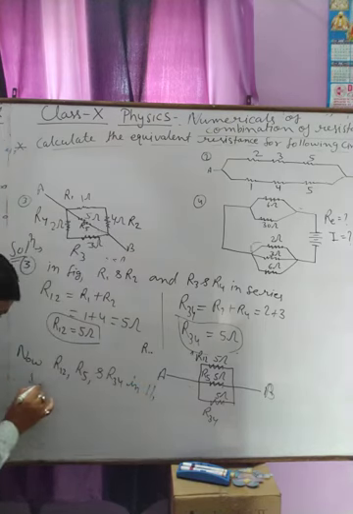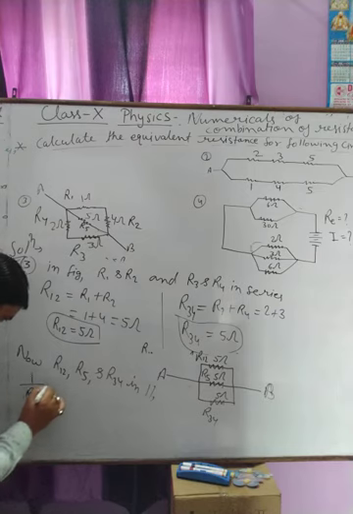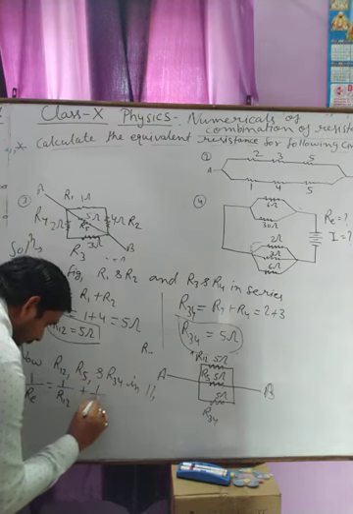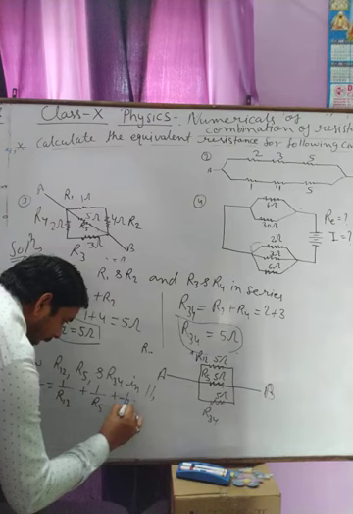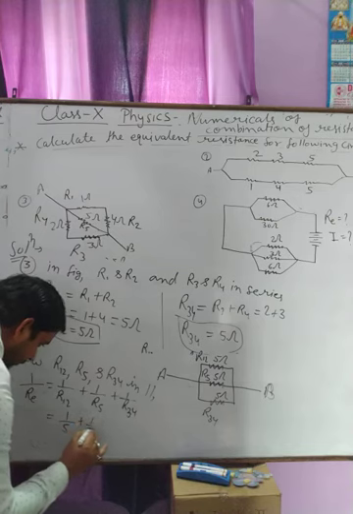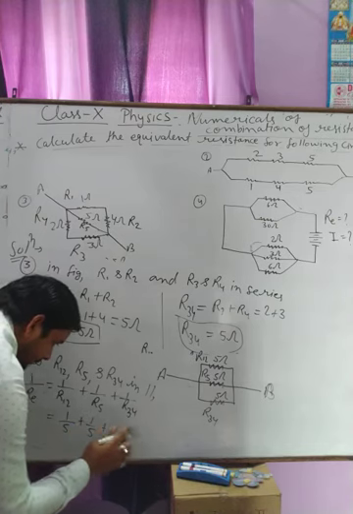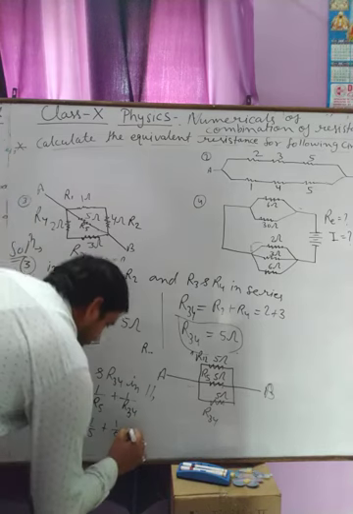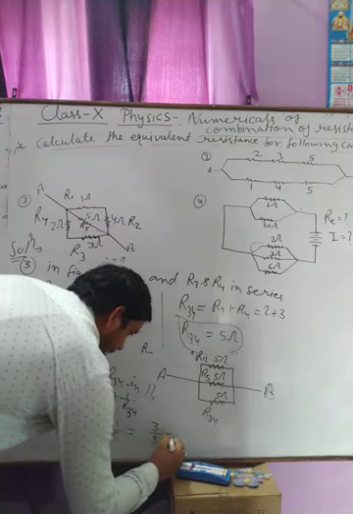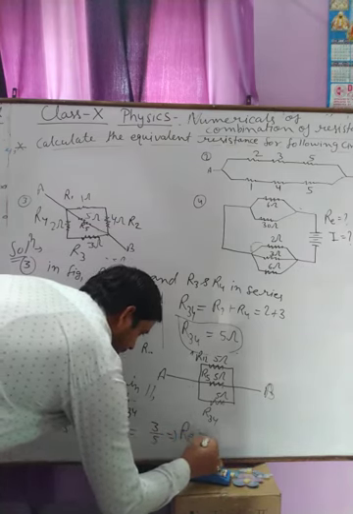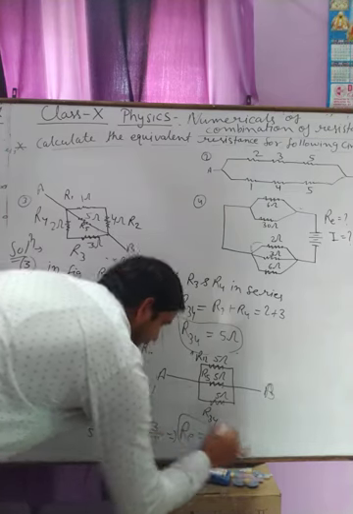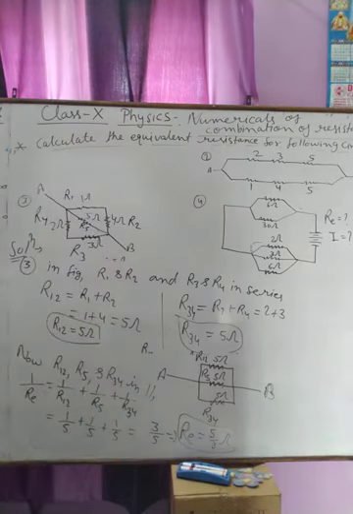Therefore, 1 upon R equivalent, that is RE, is 1 upon R12 plus 1 upon R5 plus 1 upon R34, that is 1 upon 5, 1 upon 5, 1 upon 5. On solving it, we get 3 upon 5. On taking the reciprocal, R equivalent from A to B is 5 by 3 ohm. This is solution number 3. Copy this.